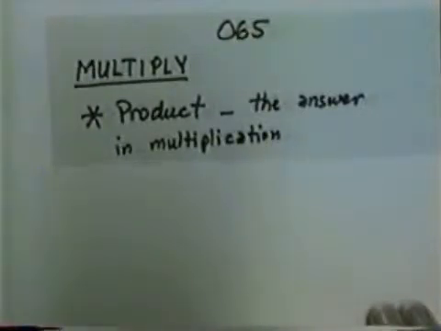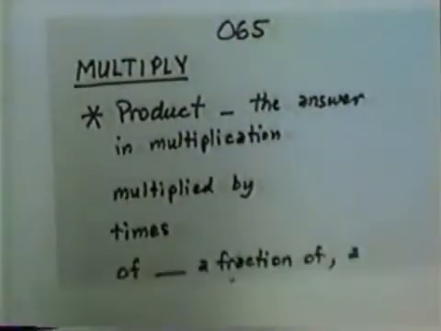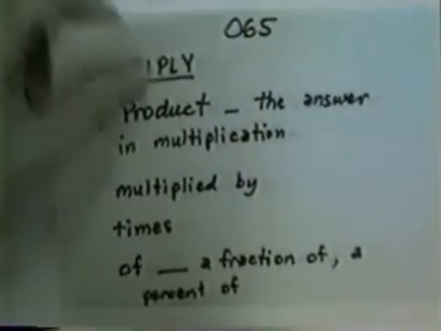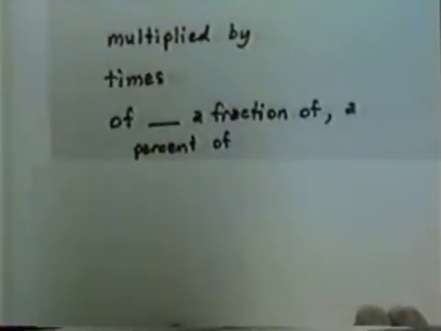Other phrases that stand for multiply are multiplied by, times, and of in a special structure. If we have a fraction of or a percent of, that means the fraction times the number.